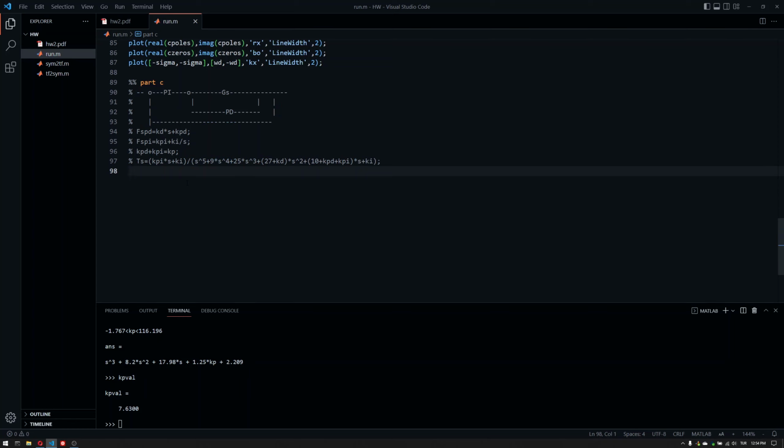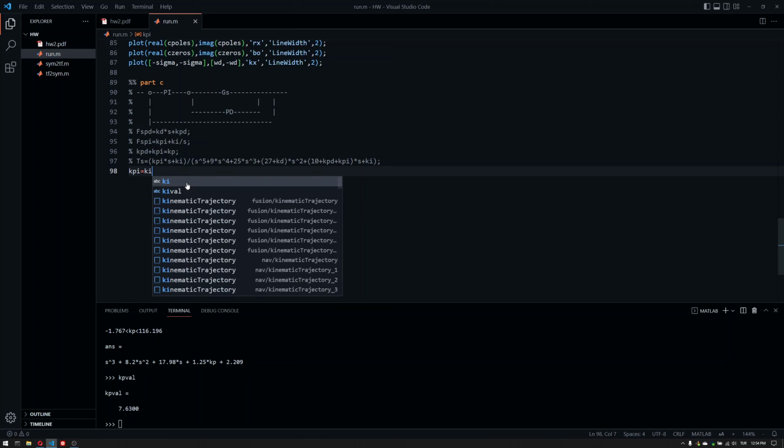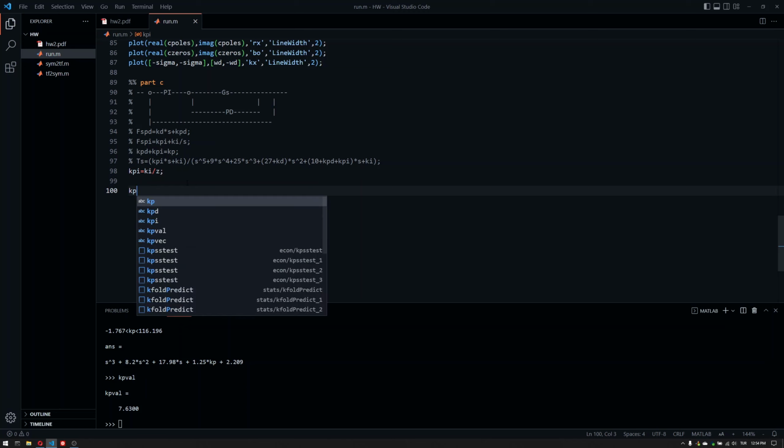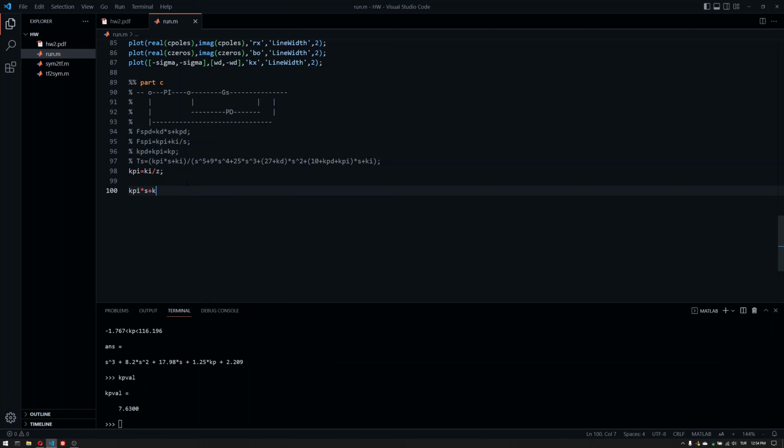All that I have to do is I'm just going to come up with KPI first, because I'm placing the zero. So all I can do here is I can divide KI by something, and that something would be exactly this. Why? Because KPI times s plus KI is the zero polynomial.